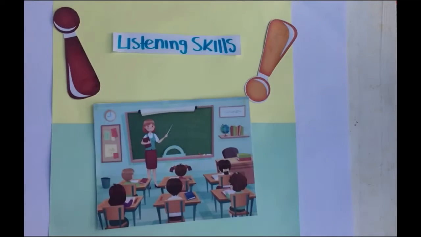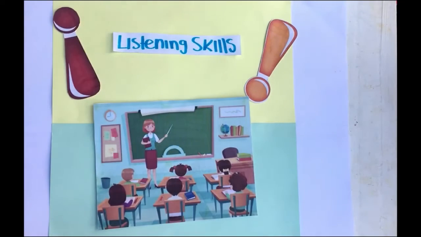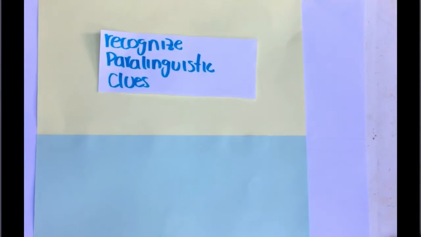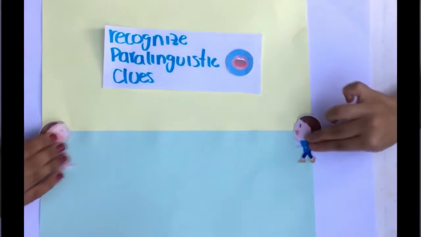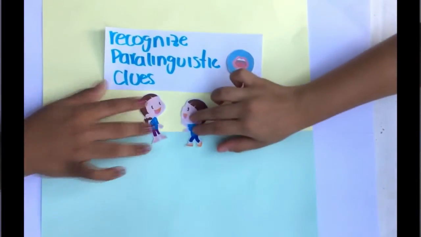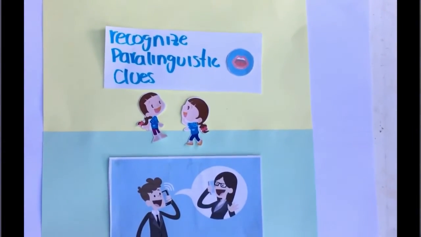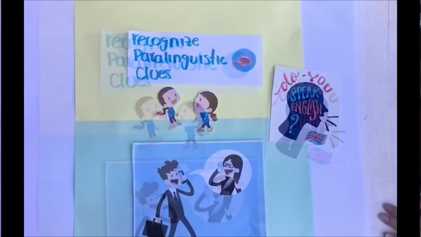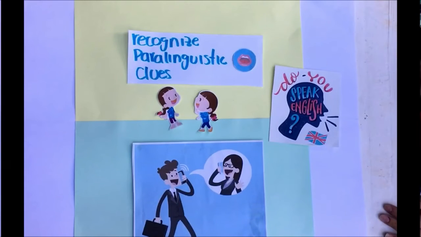First of all, we are going to explain what listening skills are. Listening skills are the ways to help you listen to something more effectively, and it's a process that helps recognize paralinguistic clues. With them, it's possible to develop comprehension. It's possible to understand the mood or meaning of the message.